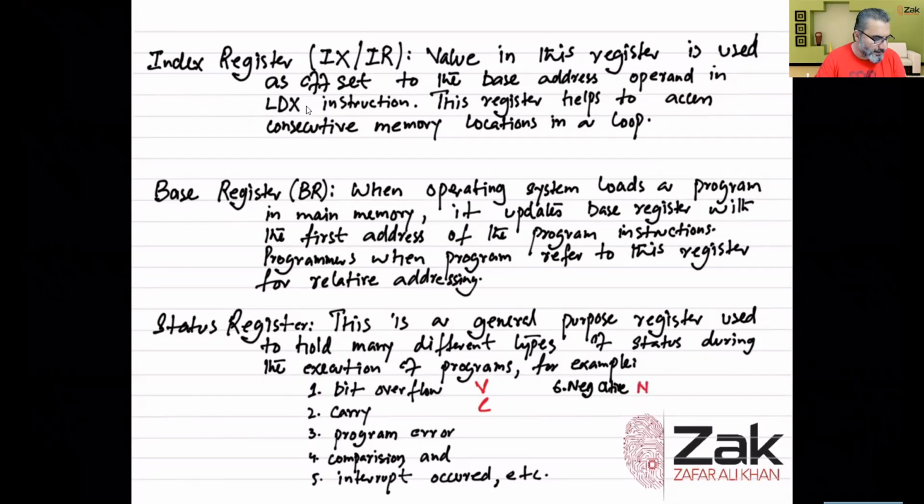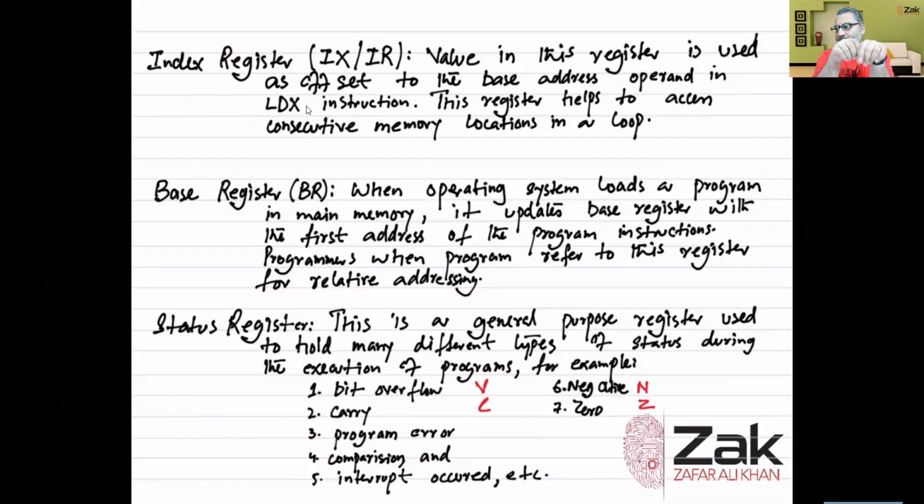And then we have the zero flag. It is set to 1 if the result of an arithmetic operation is 0. So we have zero flag Z as well. And then we have program error or comparison error, E. There are different names for these bits, but think of it like a byte having different bits.